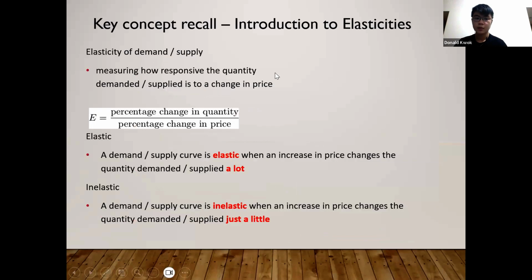So let's start with the meaning of elasticity. Elasticity is trying to measure how responsive the quantity demanded or the quantity supplied is to a change in price. Let's take the demand side as an example. We have a demand curve like this, for example. Suppose there is an increase in price.